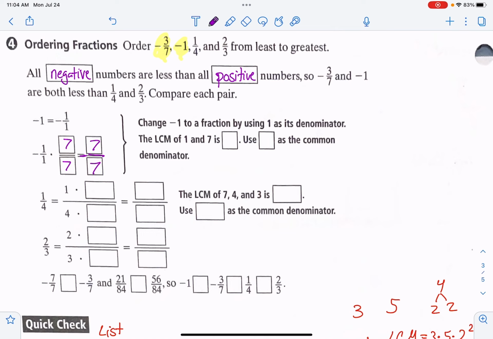With negative numbers, the bigger it is, the smaller it is, because negative numbers, as they get bigger, get farther and farther away from 0. So -7/7 is actually smaller than -3/7. So we're going to put our symbol that direction, to indicate that -7/7 is smaller than -3/7.